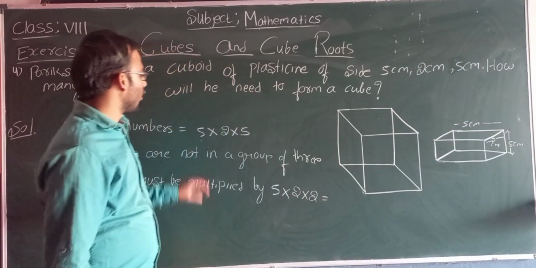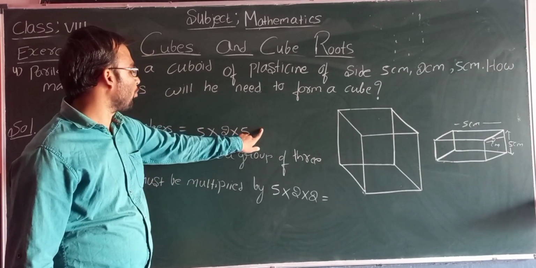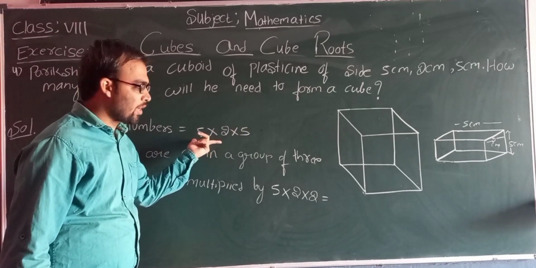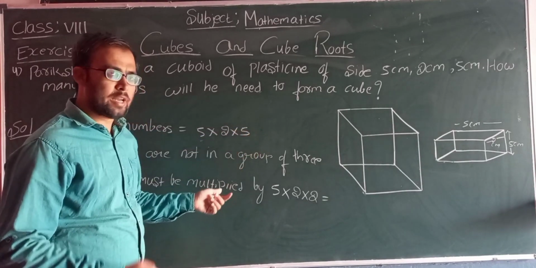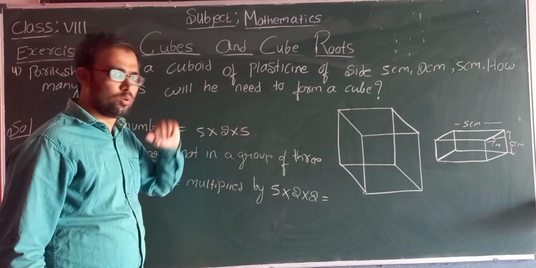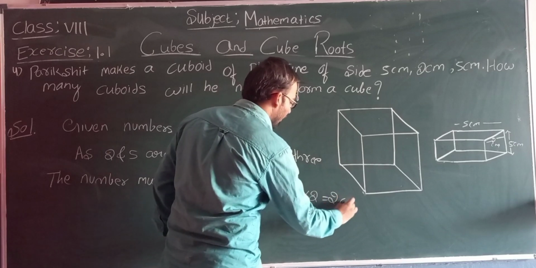Look at here, students. When we add one more 5, we can make a group of 3 of 5. And when we add 2 more 2s, we can make a group of 3 of 2. So 5 2s are 10, 10 2s are 20.